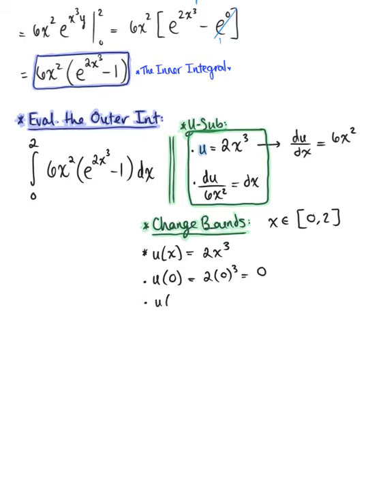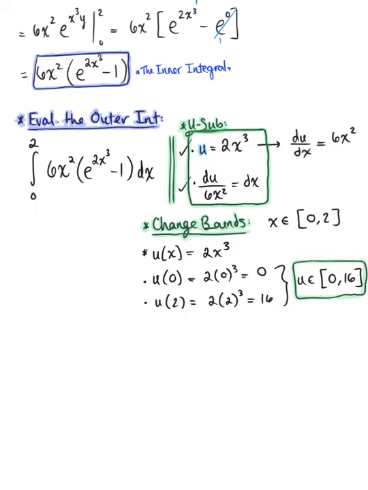And we have u of 2, which is 2 times 2 cubed, or 2 times 8, which leaves us with 16. So now we can see that our variable u is restricted to the region from 0 to 16. So we have our variable, we have the differential, and we have these new bounds. We can now rewrite this integral.